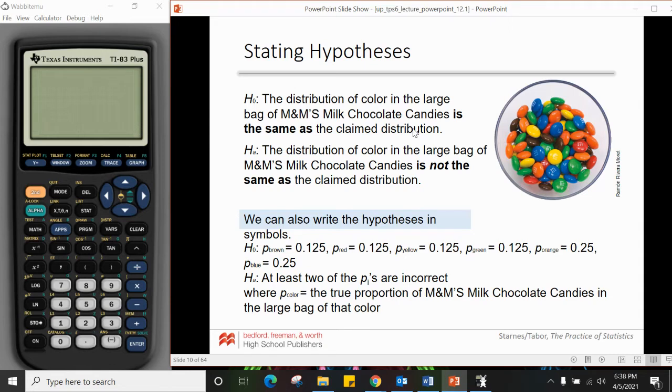So when you do chi-squared, there's always going to be what you would expect. That's the claimed distribution, right? The expected values. And then in the large bag of samples, that's your sample values, or your observed values, what you'd say. With a chi-square test, we're always going to have that observed number, and we're always going to have the expected.